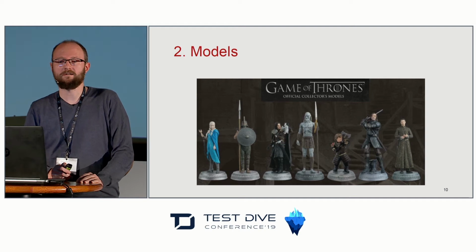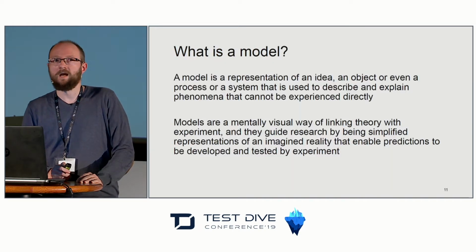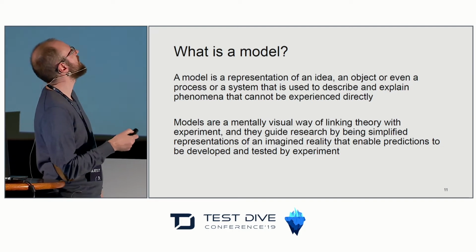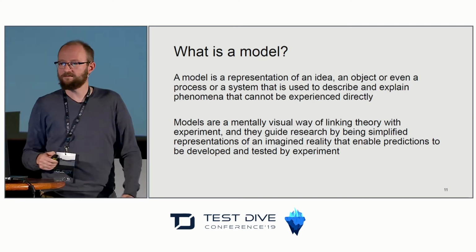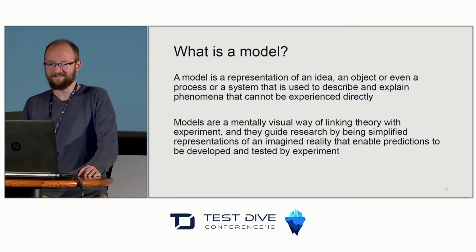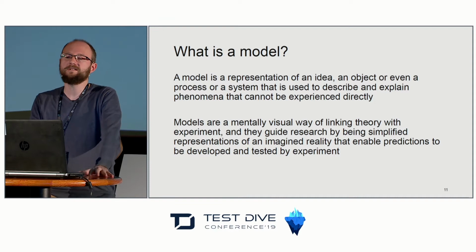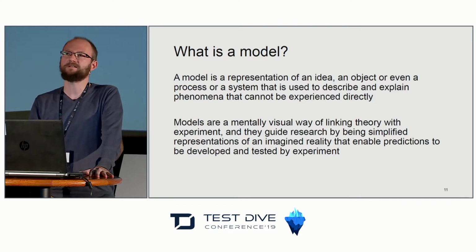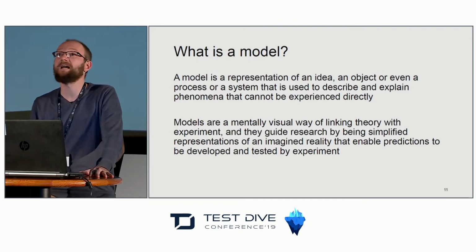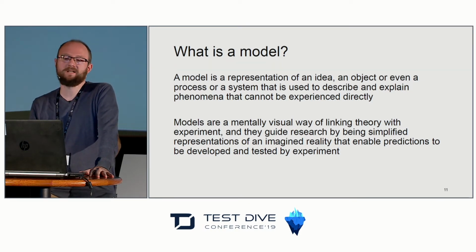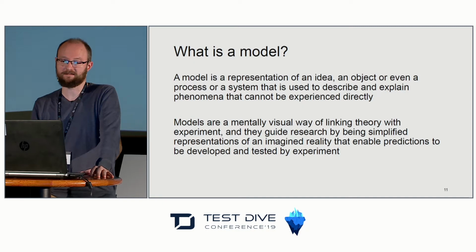So what is a model? This is a boring definition from some source, I don't even know where I took it, but we will work on this definition. We'll change it slightly later. So what is a model? A model is an abstract representation of something in general, and it's used to describe and explain phenomena that cannot be experienced directly.